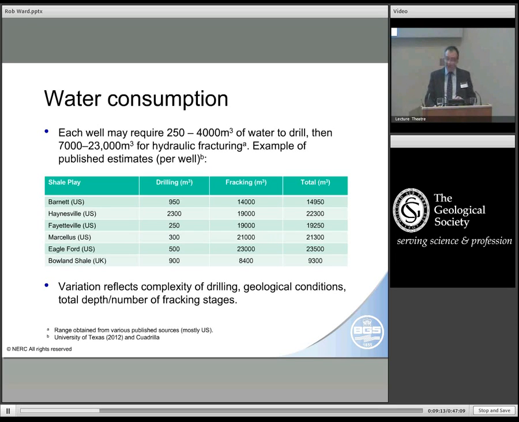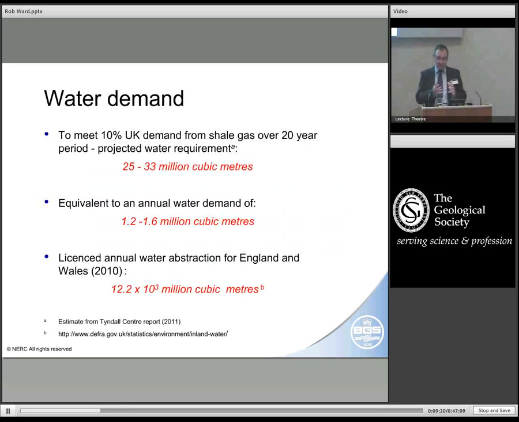If we think now about scaling that up in terms of what would be needed for maintaining production of gas, I've taken the numbers here from the Tyndall report, which was mentioned earlier, and is a good basis just to make some estimates.